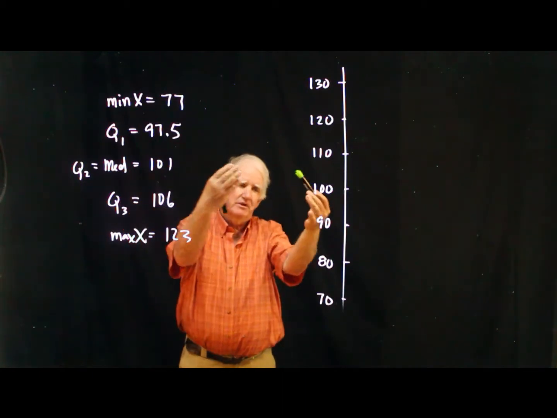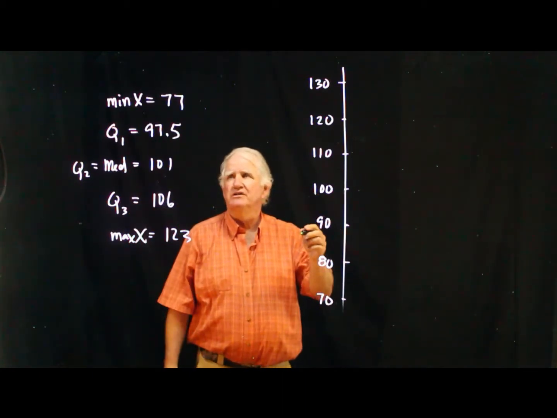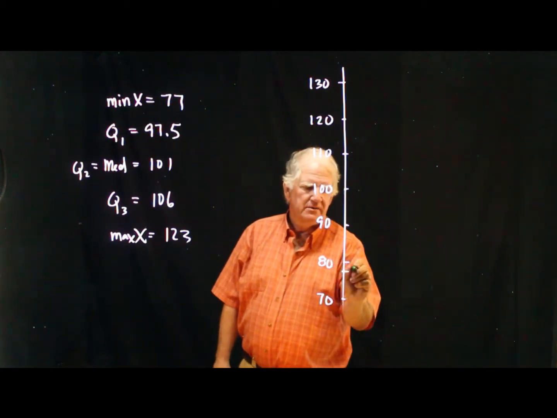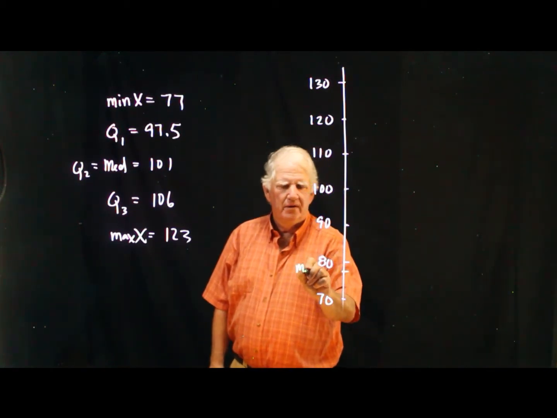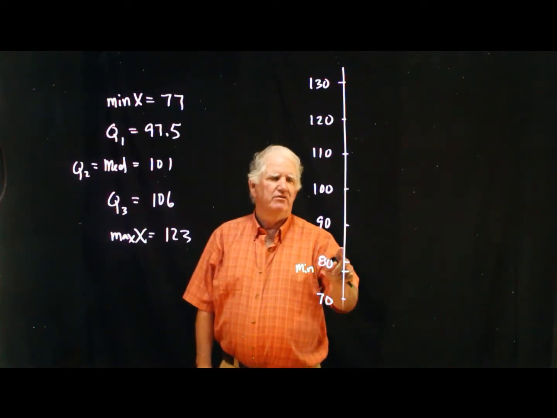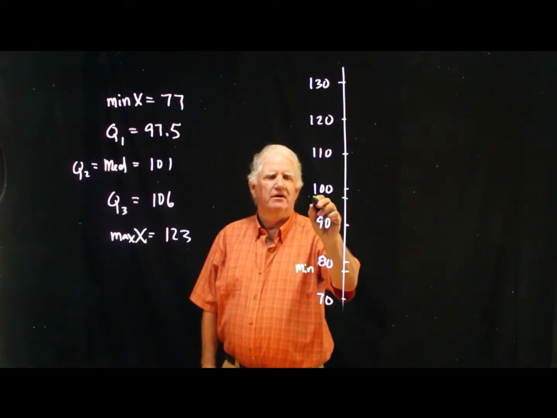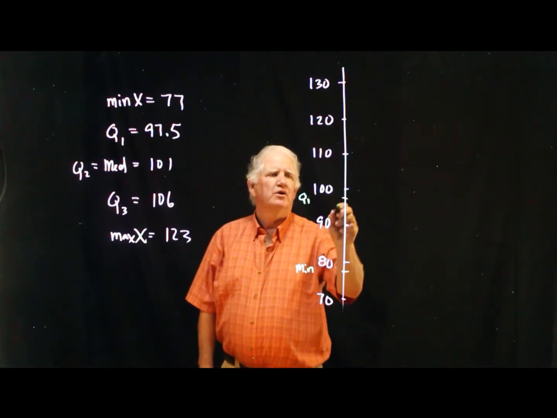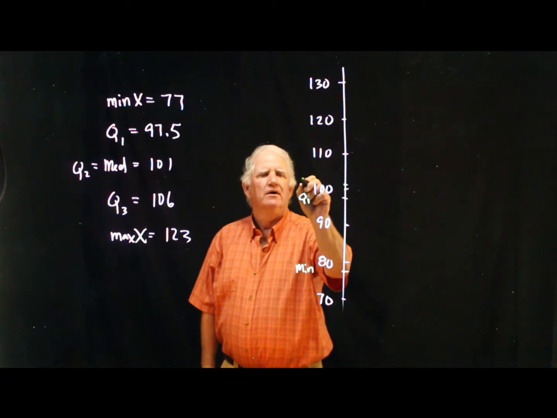Let's put this 5-number summary on it and identify where these points are. Min x is 77, that's about right here. Q1 is 97.5, I'll call that right here. Q2 is 101 right there.